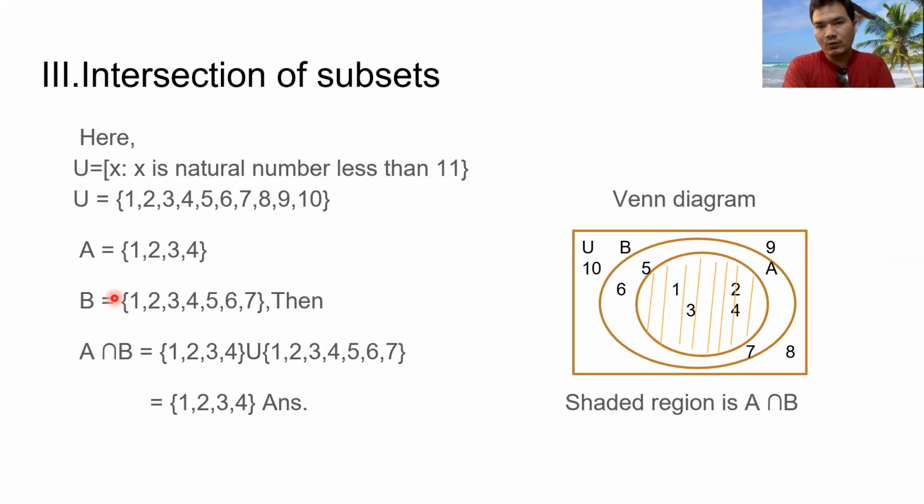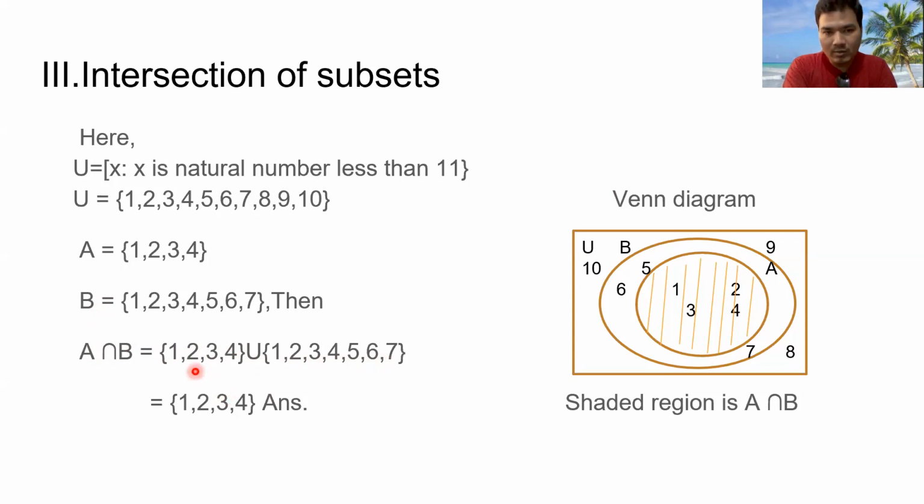In such a case, how do we find the intersection and draw the Venn diagram? It's shown here. A intersection B means the elements of A, 1, 2, 3, 4, intersection B, which is 1, 2, 3, 4, 5, 6, 7.